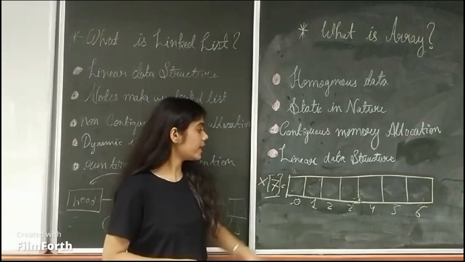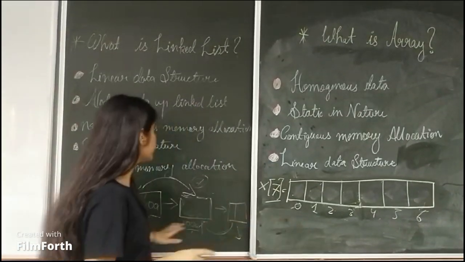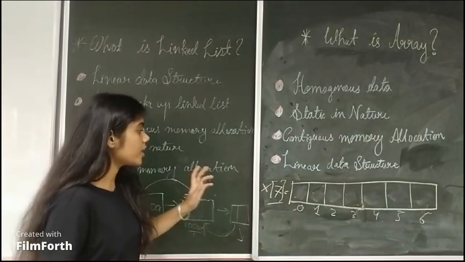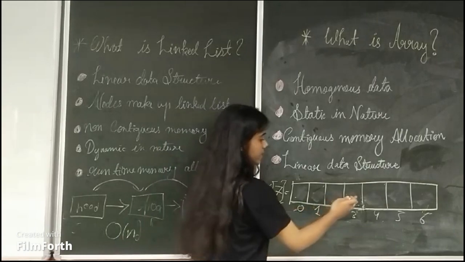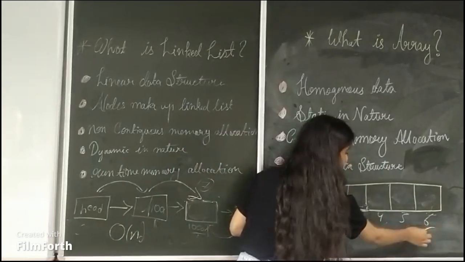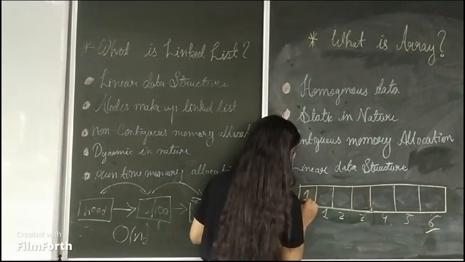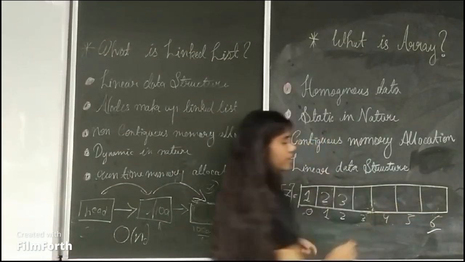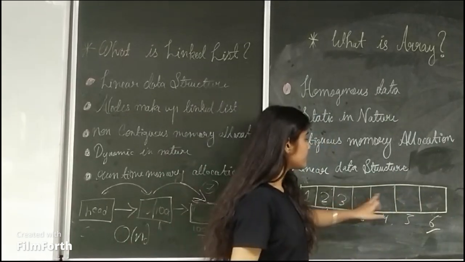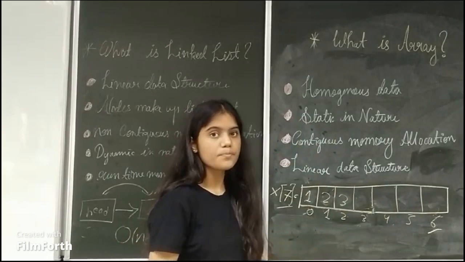We talked about the advantage of array, which was big O of 1 time complexity, and the disadvantage of linked list. Now let's talk about the drawback of array. Suppose we are given this array which ends at index 6. We have to insert just 3 elements over here: 1, 2 and 3. And this memory is left empty. So in an array this memory will be wasted and only the data stored here would be utilized.